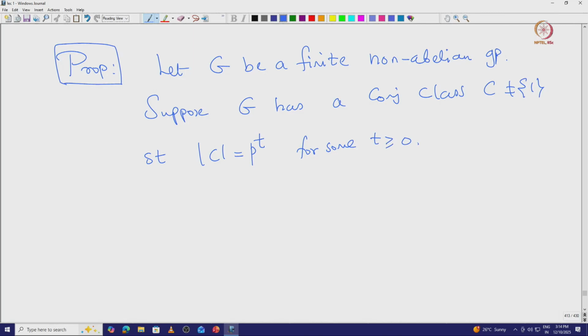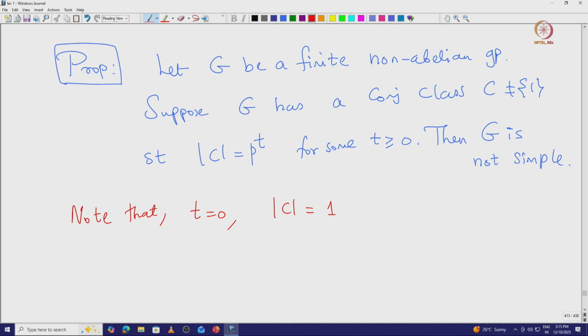then G is not simple. Note that when t equals 0, the cardinality of C is 1.